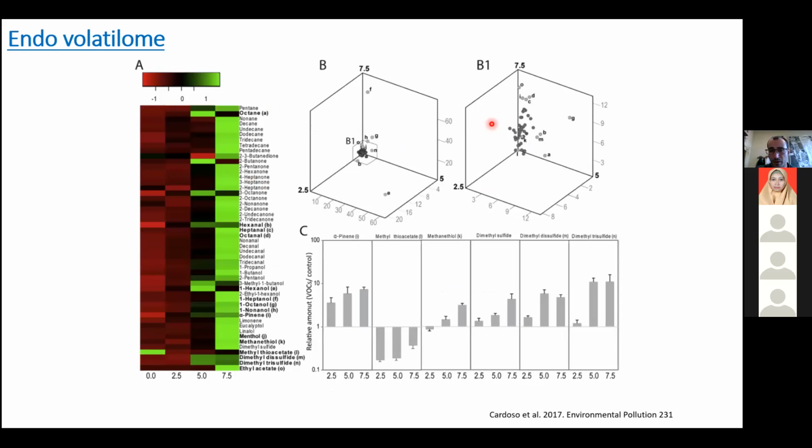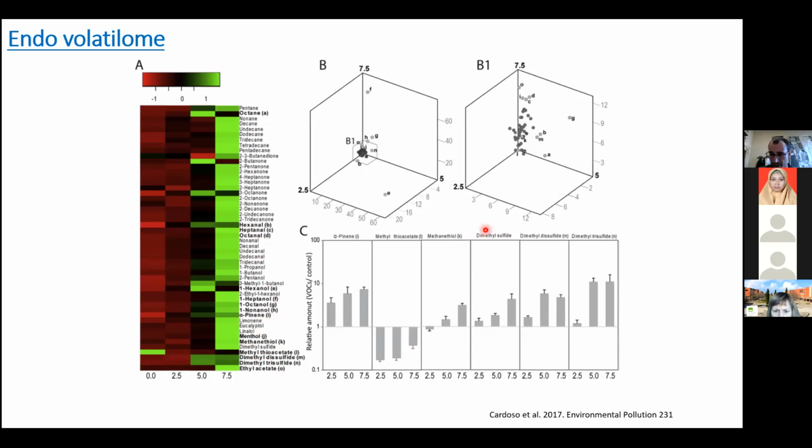I will just briefly go through the results. Regarding the endovolatilome, the volatile organic compounds present intracellularly, we found that in general, along with increasing cadmium concentrations, there is an increase in the emission of volatile organic compounds of the several families tested, namely the alkanes, the ketones, the aldehydes, alcohols, the terpenes and terpenoids, and the volatile sulfur compounds.